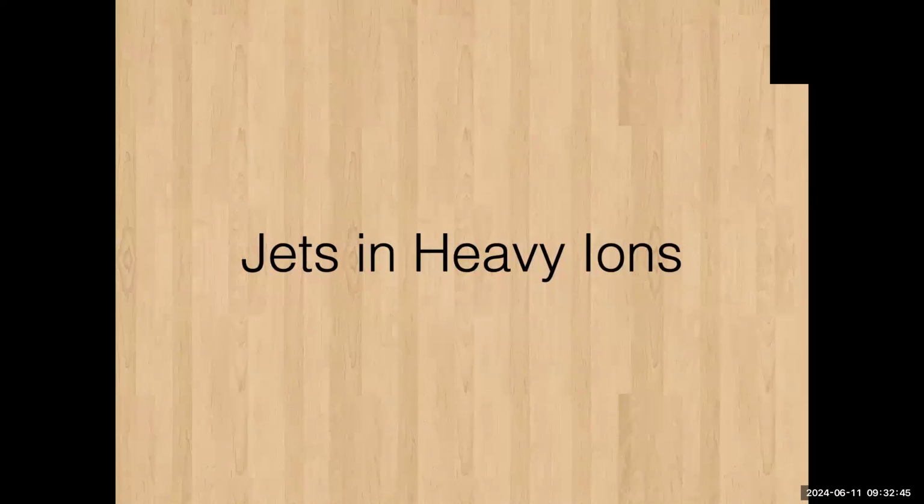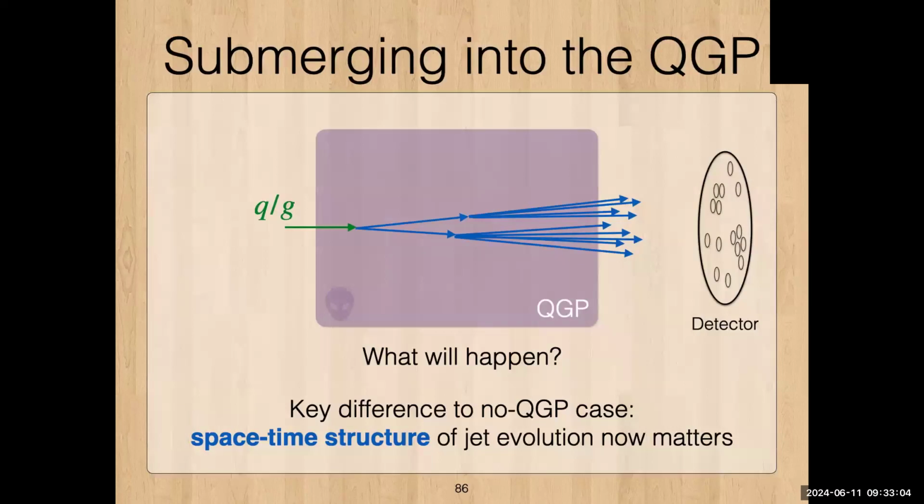Okay, so for the rest of the time, I will talk a little bit about what we can use jets to study. The first example is to see what happens to jets in heavy ion collisions and what we can learn about quark-gluon plasma. Then we'll move on to other cases. When we have heavy ion collisions, the shower will develop inside the quark-gluon plasma.